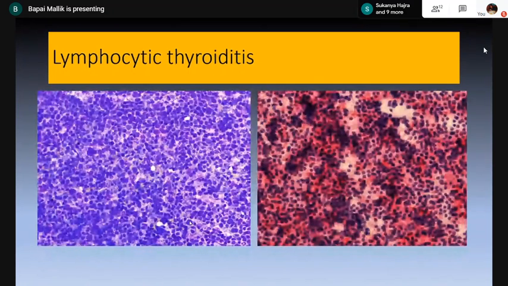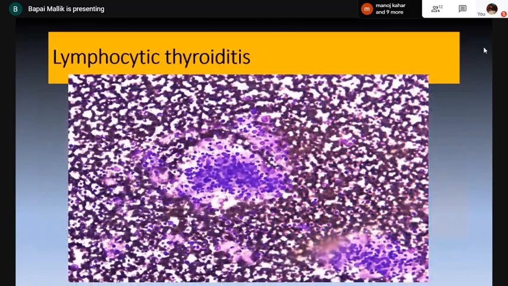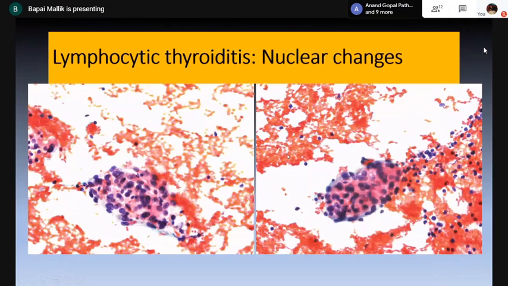So this is the picture of lymphocytic thyroiditis, almost a full house of lymphoid cells, various stages of maturation. This is a lymphocytic thyroiditis with lymphoid cells infiltrating some cells which are possibly Hürthle cells and some may be histiocytes. It becomes difficult. This, of course, is a lymphocytic thyroiditis where lymphocytes are seen to infiltrate the Hürthle cells.